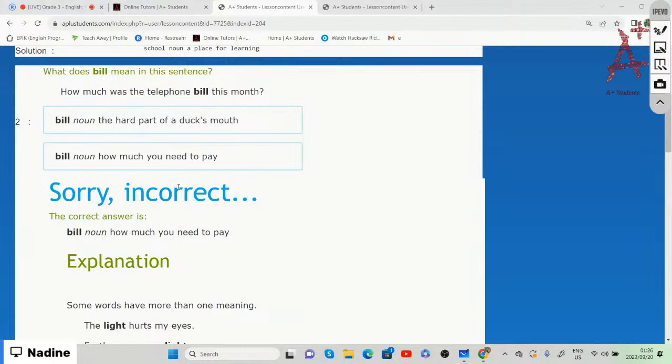We need to choose the word bill. How much was the telephone bill? So does it mean the hard part of a duck's mouth or how much you need to pay?